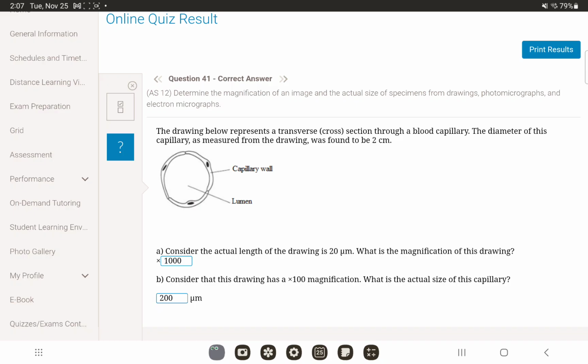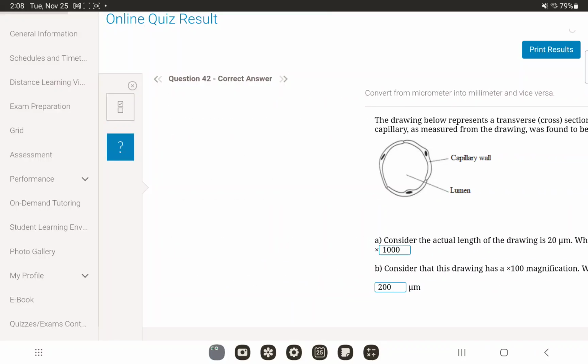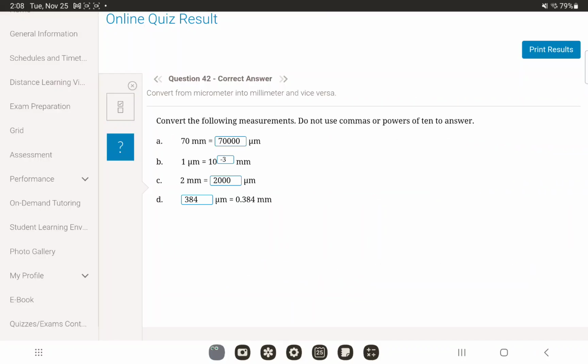The actual size is equal to the observed length divided by the magnification. So, in other words, 20,000 divided by the magnification, 100. So it would be 200. Here we have to use the conversion, I think it's called.